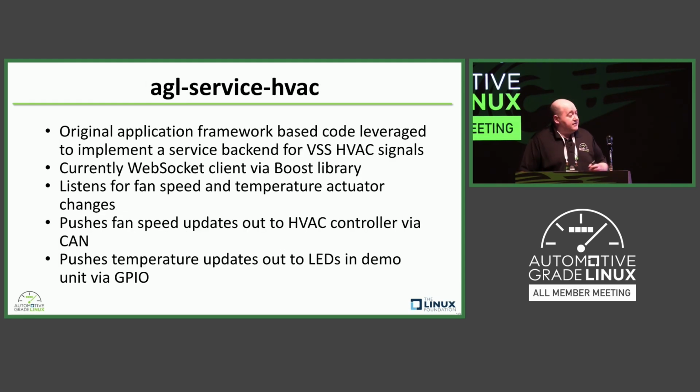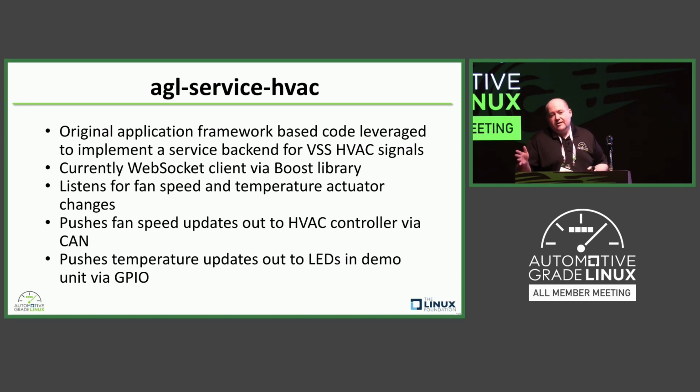I mentioned AGL service HVAC. Originally, with the old app framework, it had a whole API of our own design. I reworked that code quite a bit, and now it subscribes to a handful of the VSS HVAC signals and pushes those out.